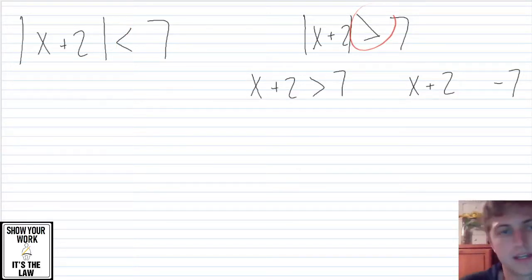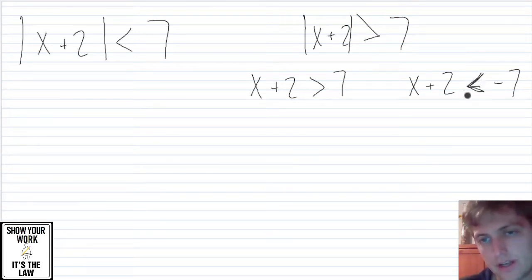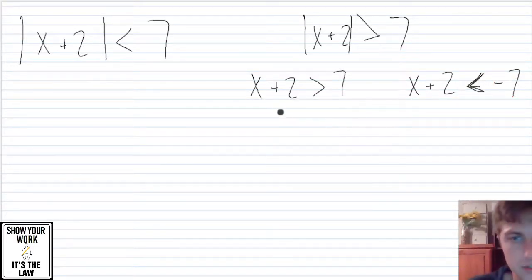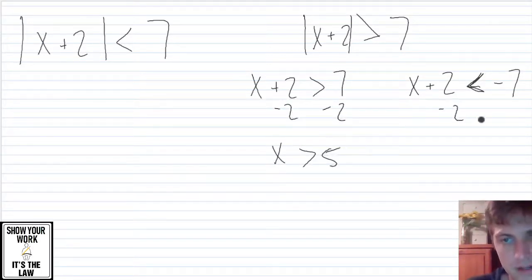So the same thing here. So instead of pointing to the left, our sign is now pointing to the right. And that's just because we changed it from a positive to a negative. So let's go ahead and just solve for x. Solve means get x by itself, minus 2, minus 2. X greater than 5, minus 2, minus 2. X is less than -9.